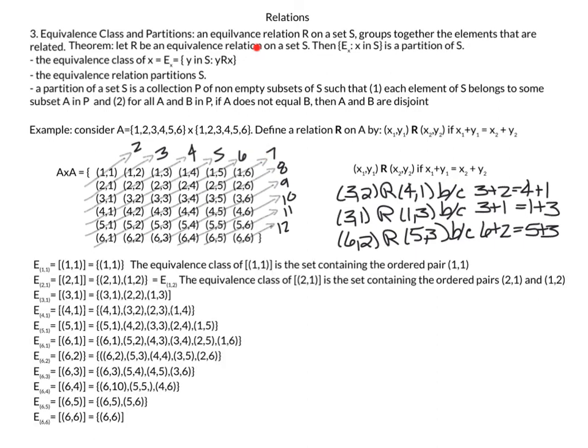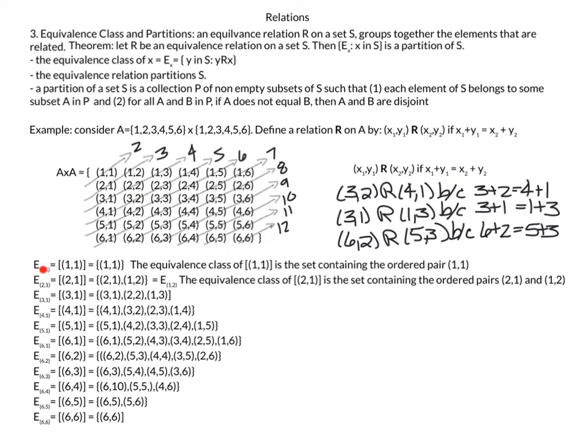So remember, my equivalence classes group everything that is equivalent. So this equivalence relation groups everything that adds up to 2 together, groups everything that adds up to 3 together, everything that adds up to 4, 5, 6, 7, 8, 9, 10, 11, and 12.